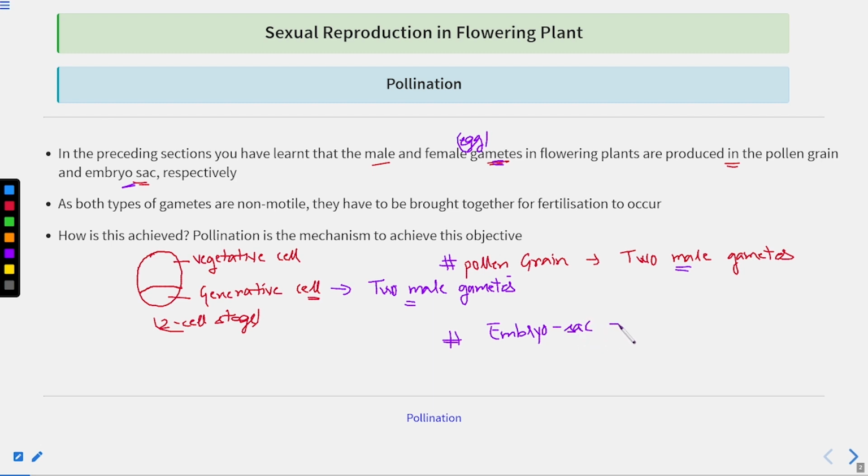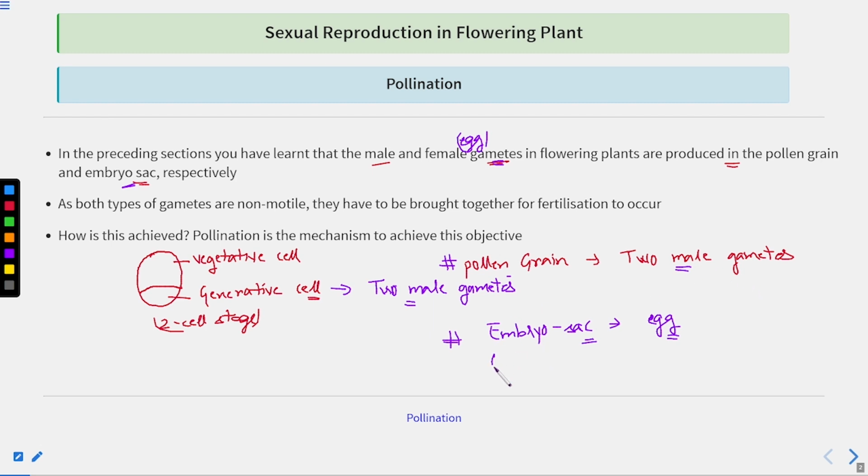So you must be knowing about the structure of the embryo sac. It consists of the egg apparatus at the micropylar end, antipodals at the chalazal end, and then 2 polar nuclei which are present within the central cell. The female gamete, the egg, is present within the embryo sac. Clear?